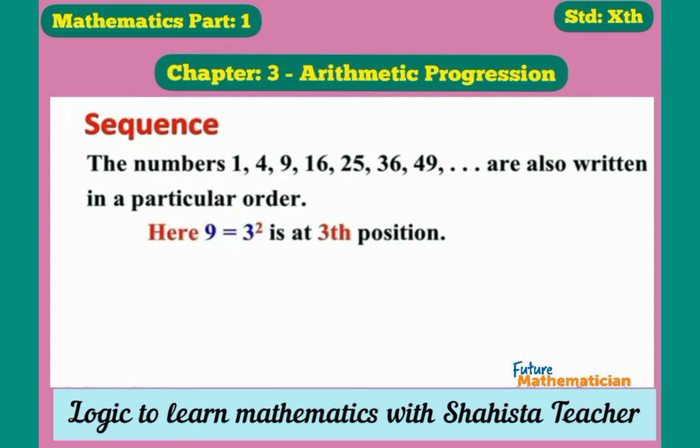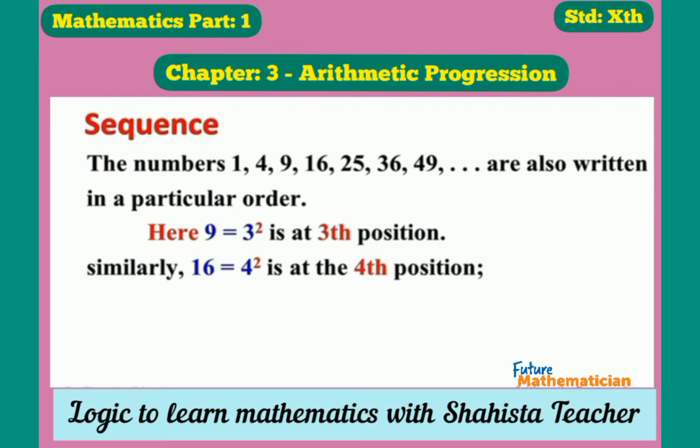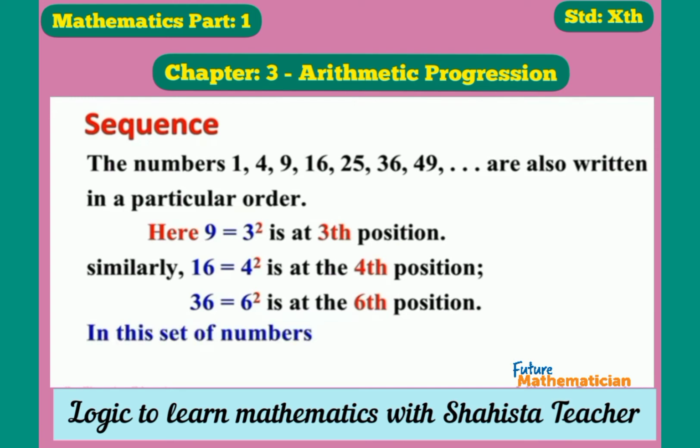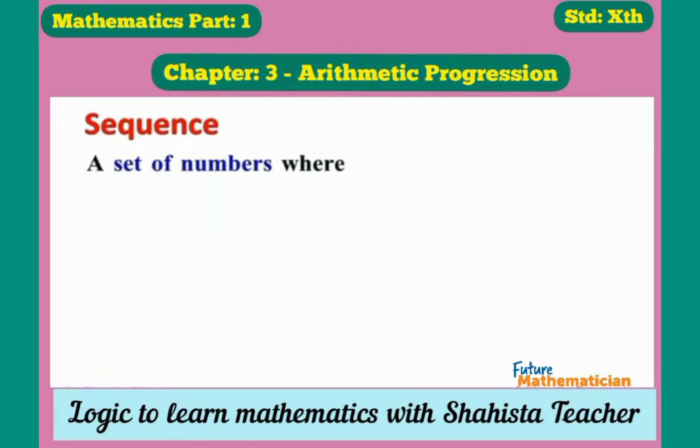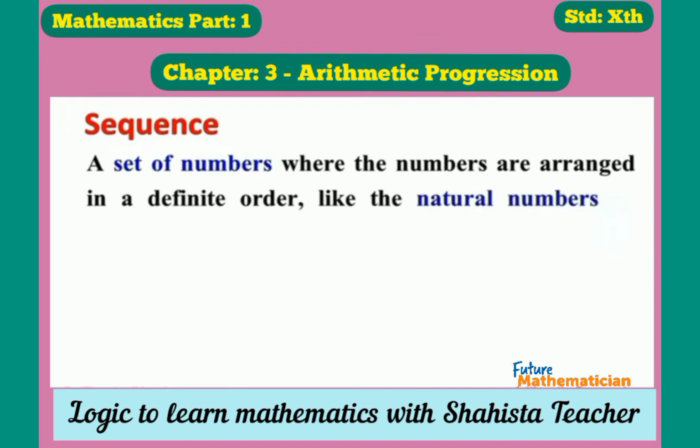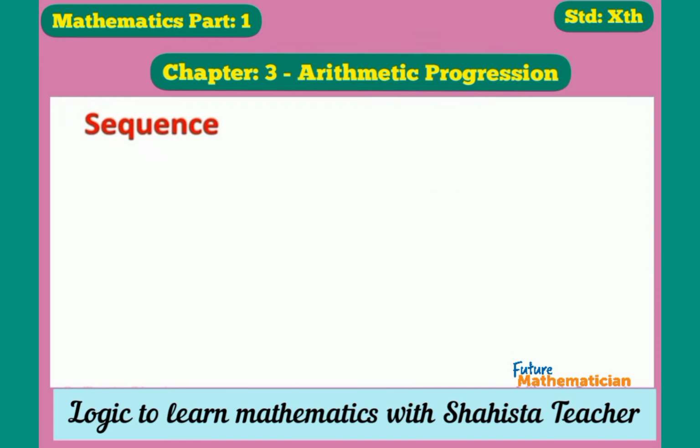Here 9 is equal to 3 square, which is at the third position, 16 is equal to 4 square, that is the 4th position, 36 is equal to 6 square, which is at the 6th position. In this set of numbers also, the place of each number is determined. So a set of numbers where the numbers are arranged in a defined order, like the natural numbers.